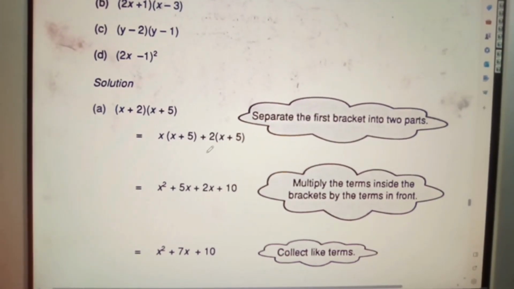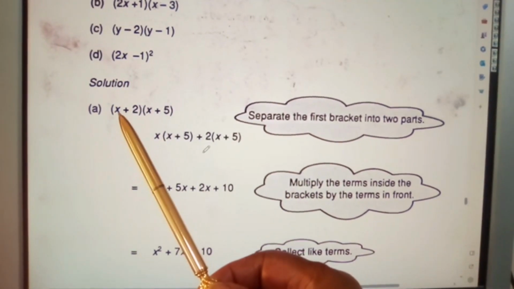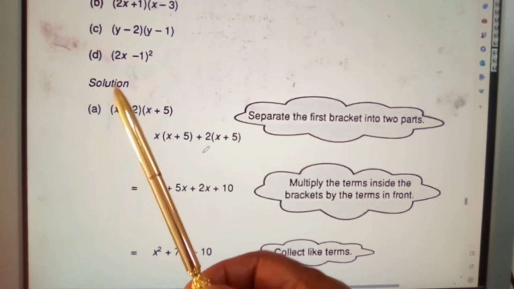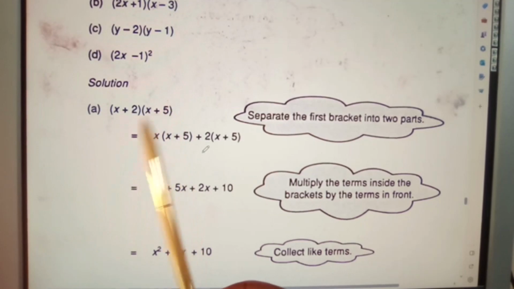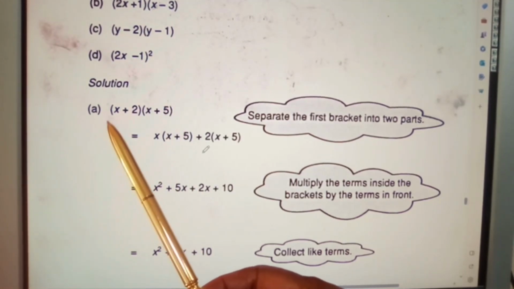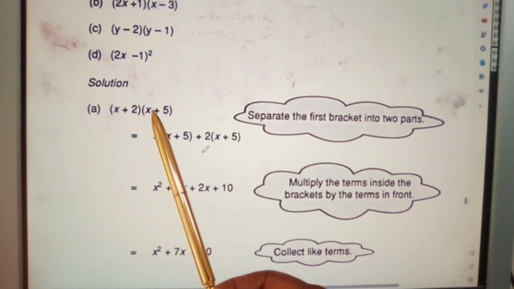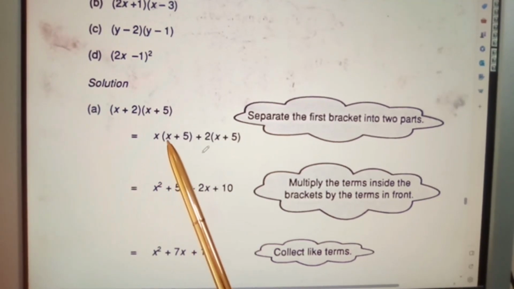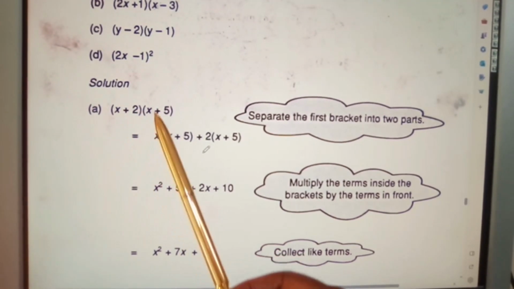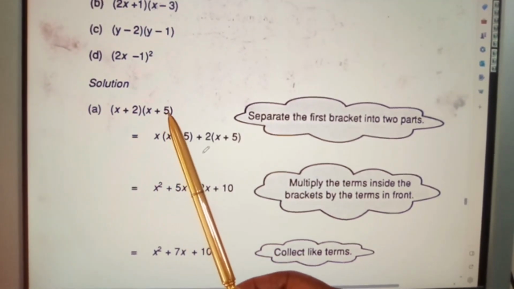Now, see what he's done here? He's taken this here and he's timed it x times 5. Well, let's say x times x, x times 5.